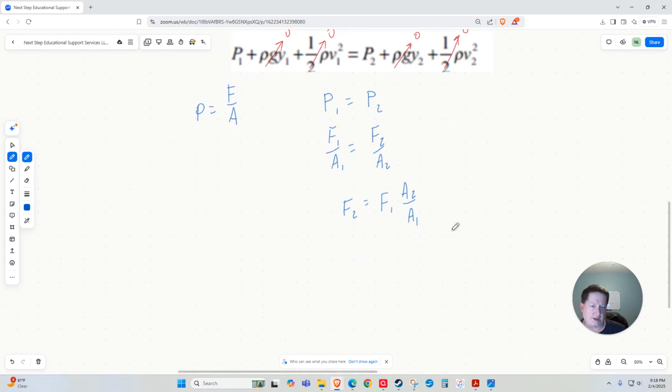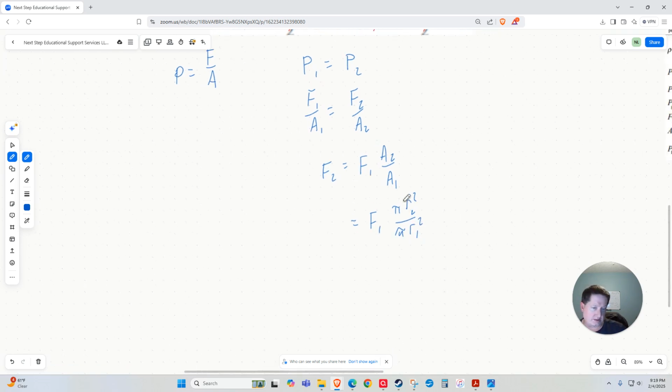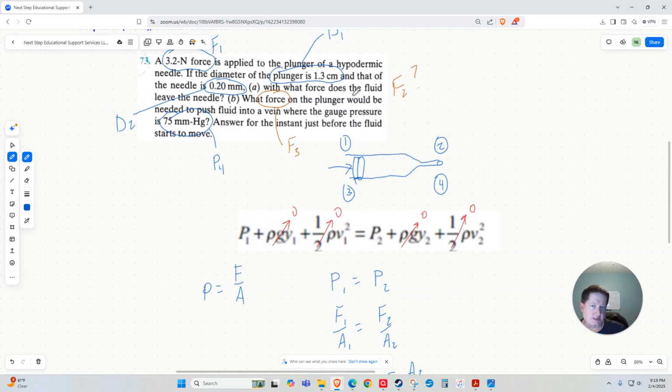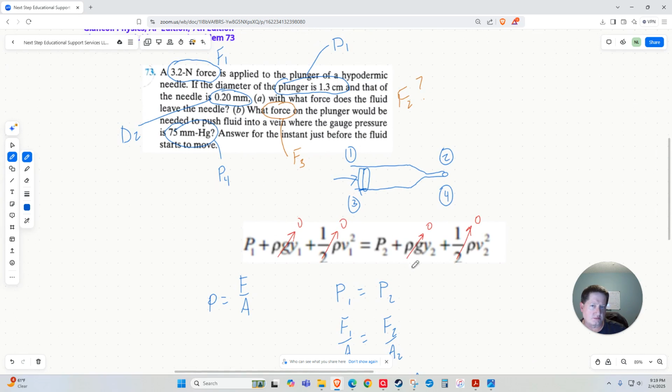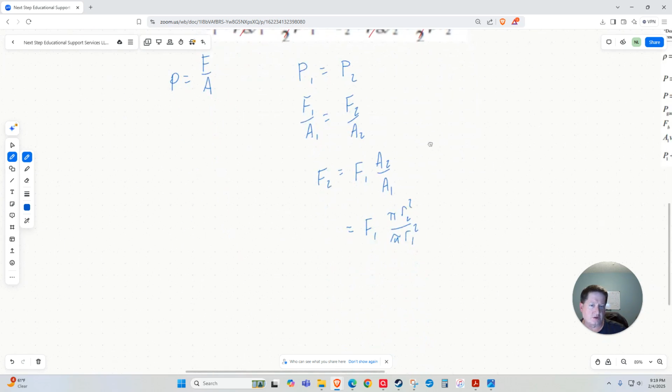So if you don't actually have area, we'll make the substitution for the area of a circle: pi radius 2 squared divided by pi radius 1 squared. Now, we don't technically have the radius. We could substitute in the diameters here, but it's easy enough to convert those diameters to radii on the fly. We just cut them in half. It'll be a little easier than tracking a bunch of divided by 2's in here.